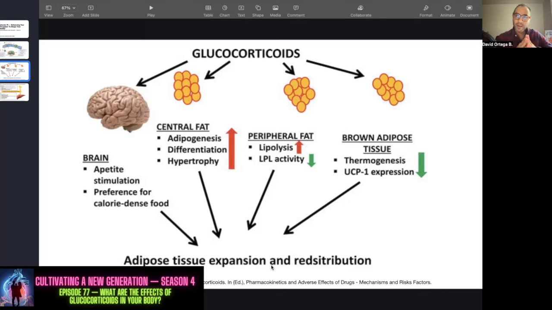Read it and look for the names. And if you find that one of the active substances is a glucocorticoid, be careful with that kind of prescription.